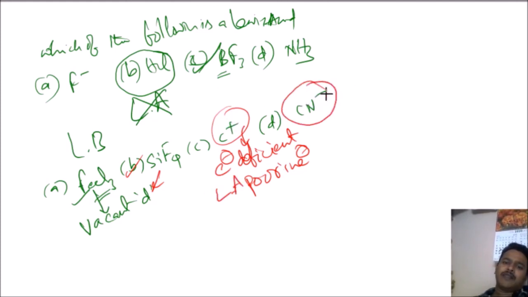CN minus has a negative charge, meaning electrons are there, so it can donate to anybody. So this is a Lewis base.